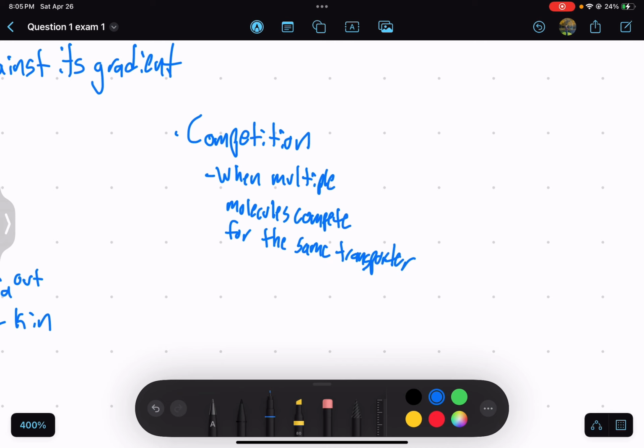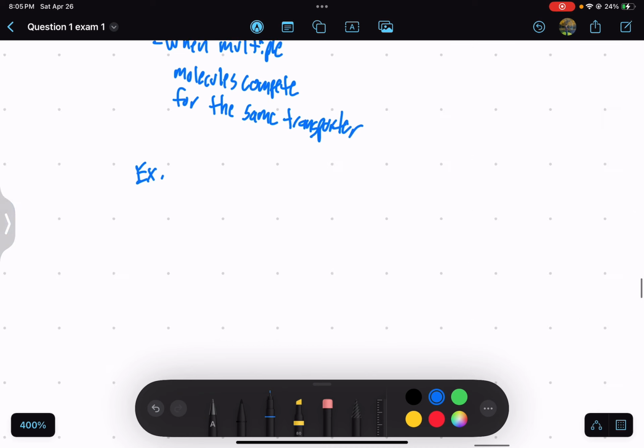An example of this is the GLUT transporters, which are carrier proteins. These are a family of glucose transporters.